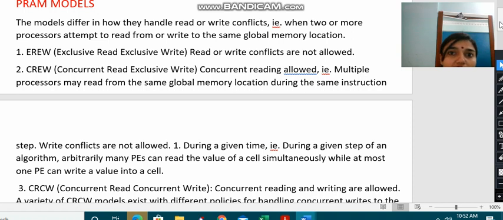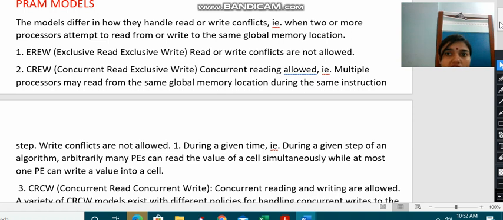It means concurrent read and exclusive write. More than one processor can read from the global memory, but only one processor is allowed to write into the global memory. Here the concurrent reading is allowed. Multiple processors may read from the same global memory location during the same instruction step. However, the write conflict is not allowed.